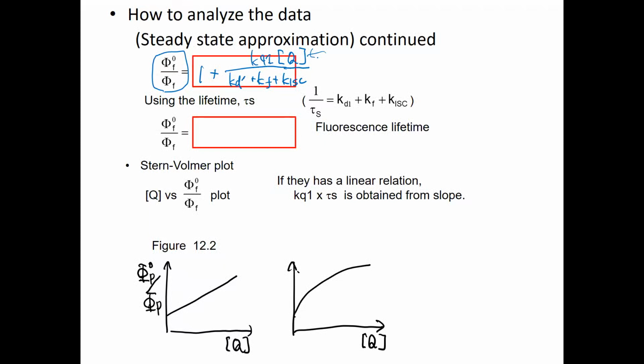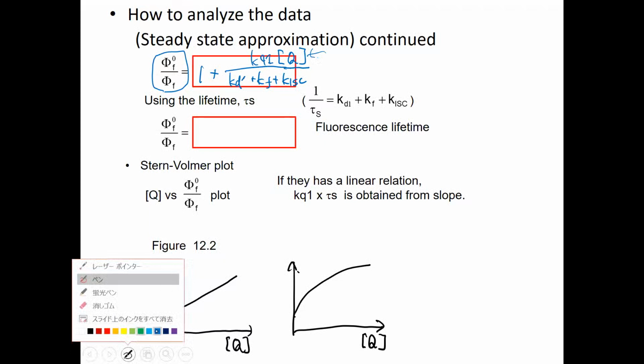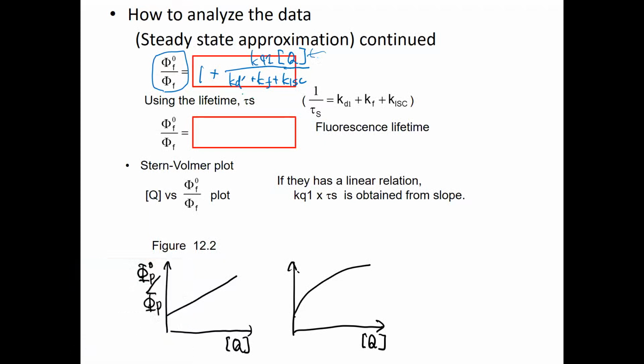And looking at the data here, this is the whole process of the S1 singlet excited state decay, right? So the internal conversion, fluorescence emission, and intersystem crossing.